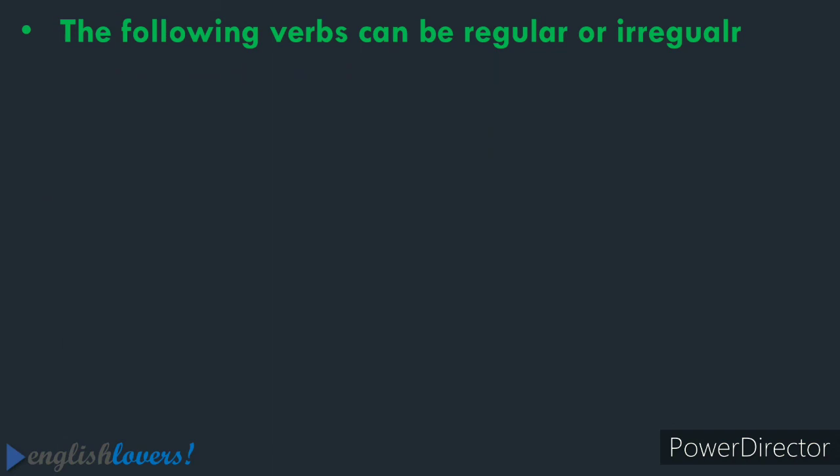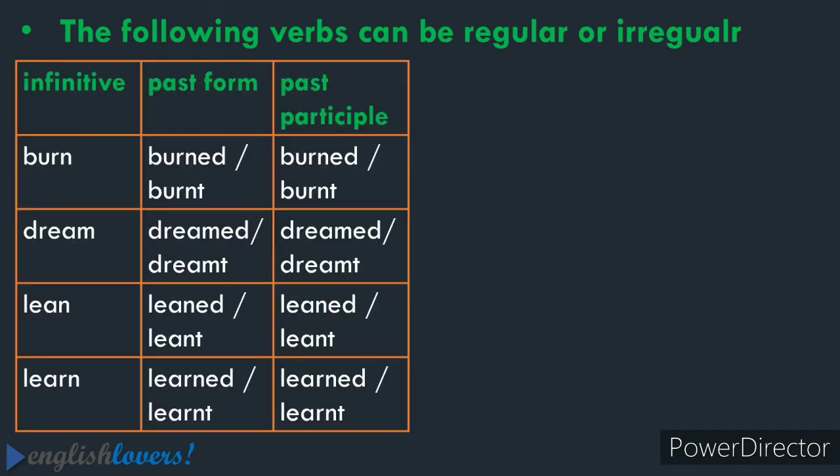There are some verbs in the English language which are either regular or irregular because they have both forms, the regular form and the irregular form. So these verbs: burn, burned, burned, or burnt, burnt. If you say burned, it is regular. If you say burnt, it is irregular.